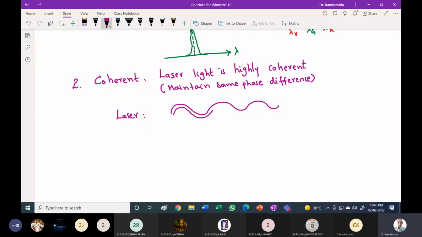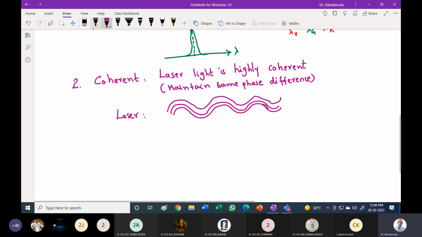Wherever we have maxima, or crest and trough, we also have the same crest and trough, and they maintain the same thing. If I take one more wave, exactly they go like this. They maintain the same phase difference at any point.